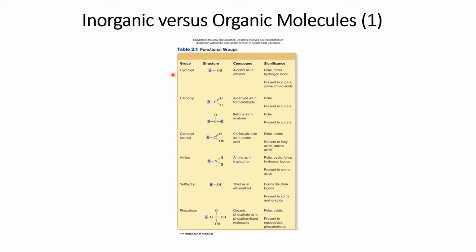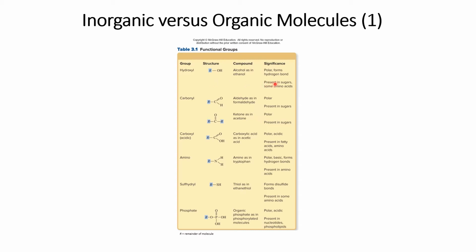So the first group I want you to know is hydroxyl. And that is an OH group attached to something. Any alcohol is something with an OH group, but it's common in monosaccharides, so carbohydrates, and it's one of the parts of a fatty acid, and it's also common in certain nucleic acids.